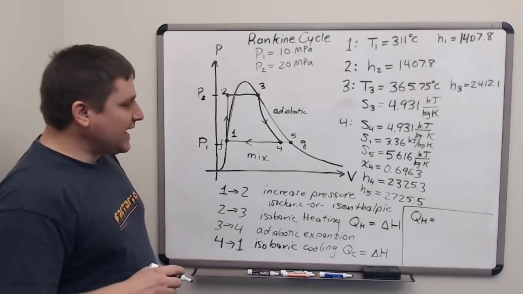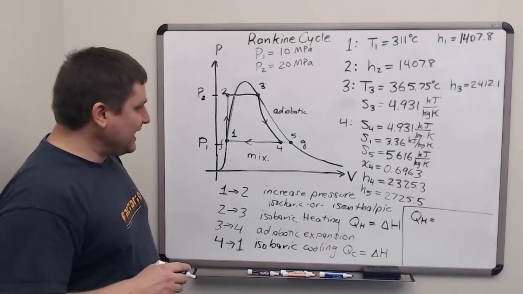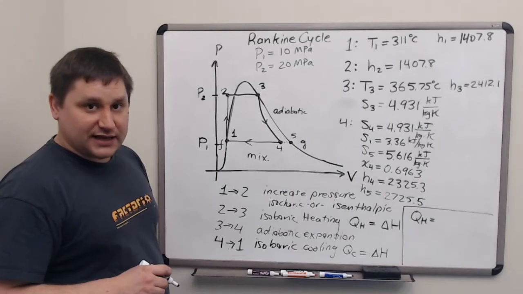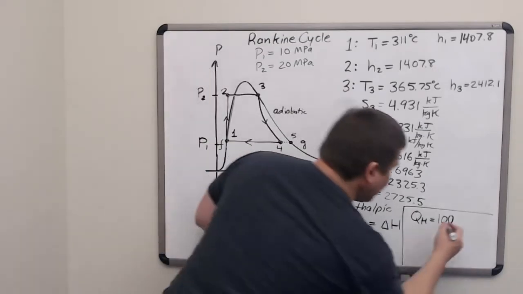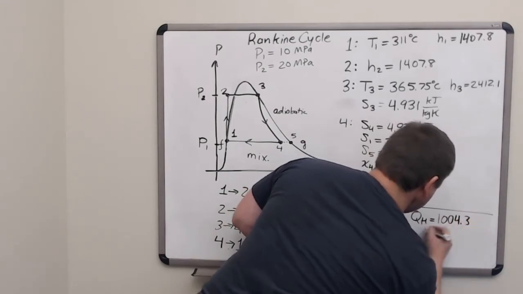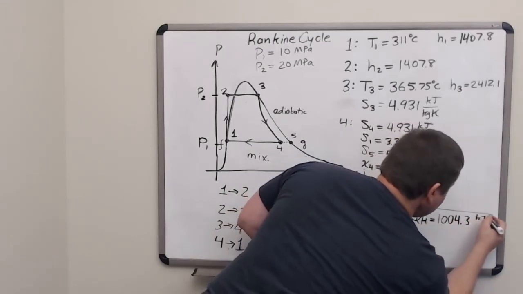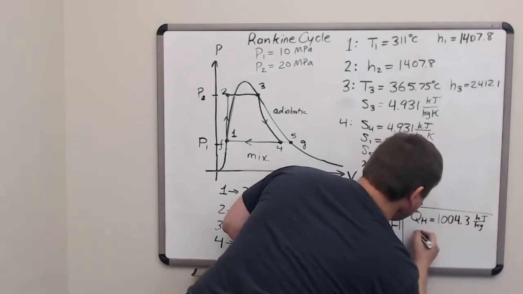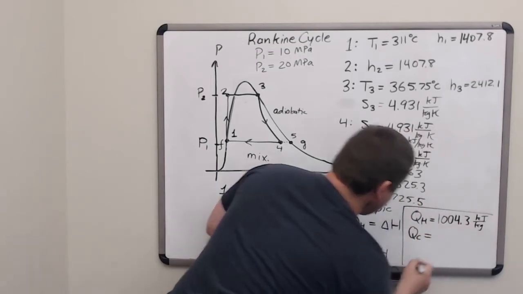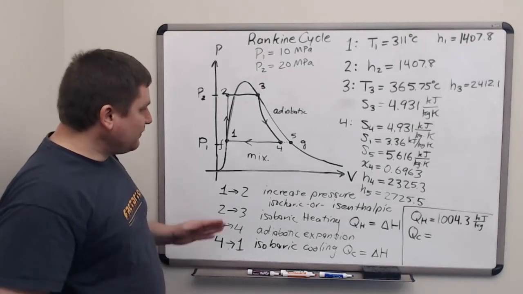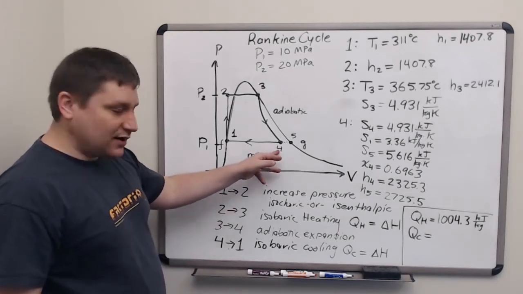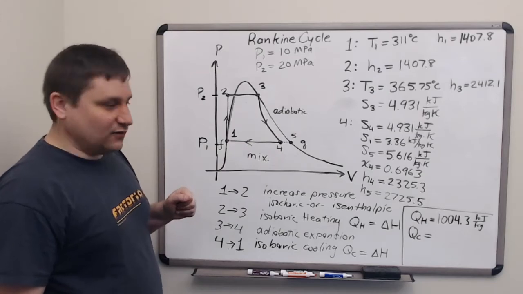The value for QH will be the difference in enthalpy between location 3 and location 2. That value comes out to 1004.3 kilojoules per kilogram. The value for the cold heat will be the enthalpy at location 4 minus the enthalpy at location 1.